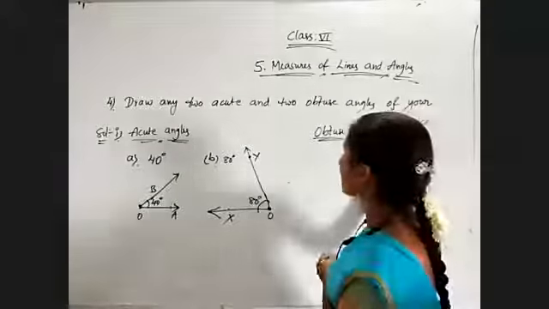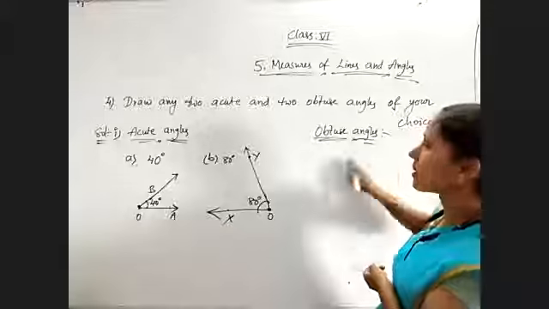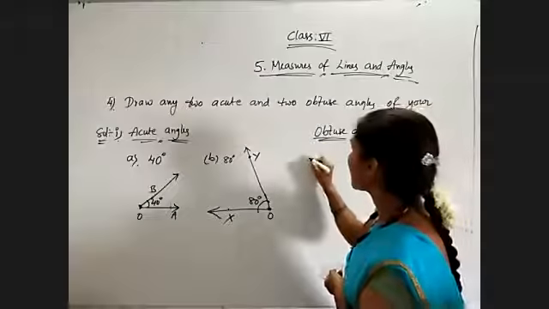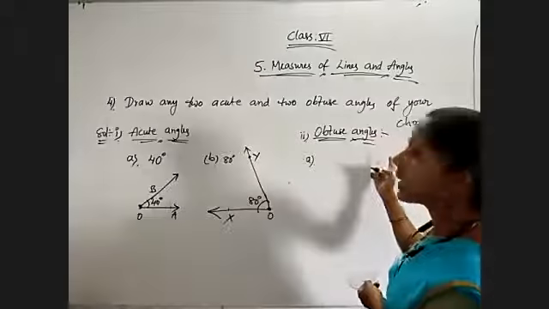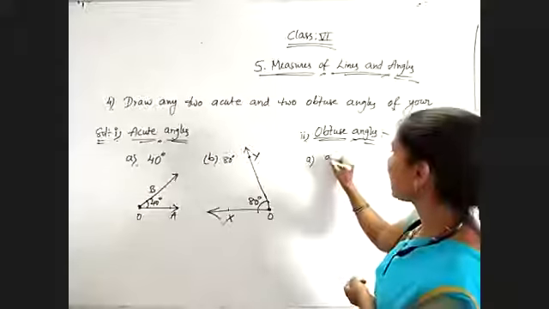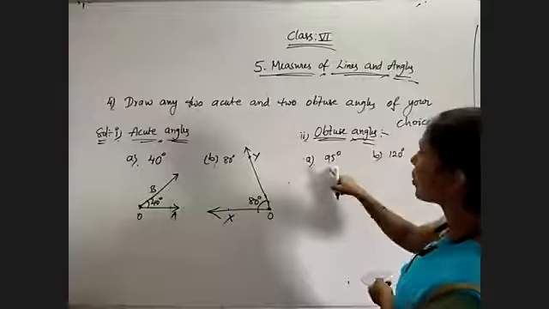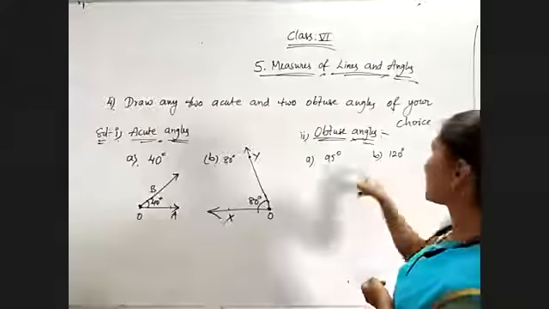And coming to obtuse angles, here also I am giving examples. Take some other values and construct your choice angles. Now my first angle is more than 90, so I am using 95 degrees and another one is 120 degrees. More than 90, lesser than 180 are obtuse angles. So I am using these two angles now.